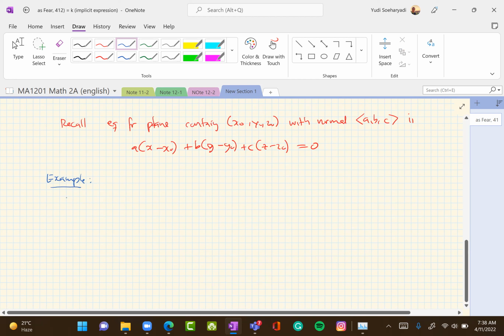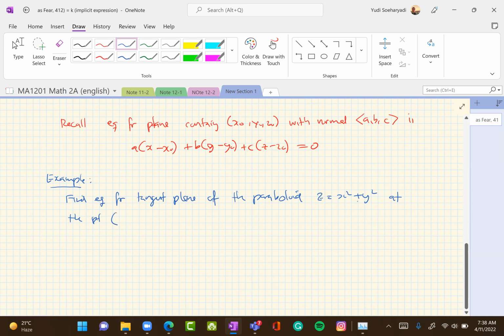So the question is: find equations for the tangent plane of the paraboloid z = x squared plus y squared at the point, say, (1, 1, 2).